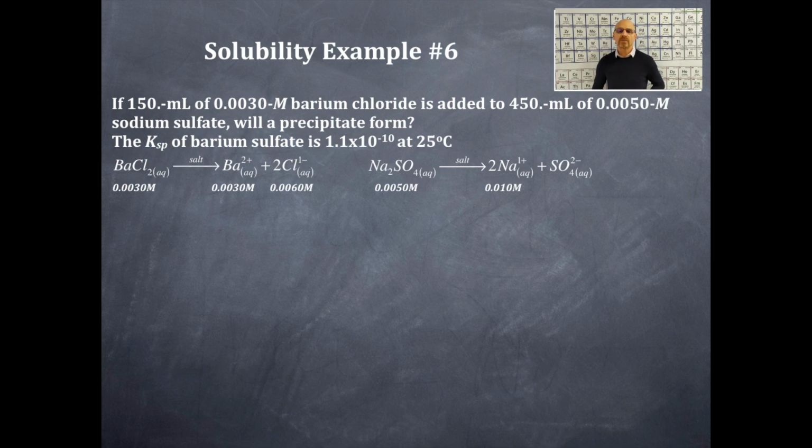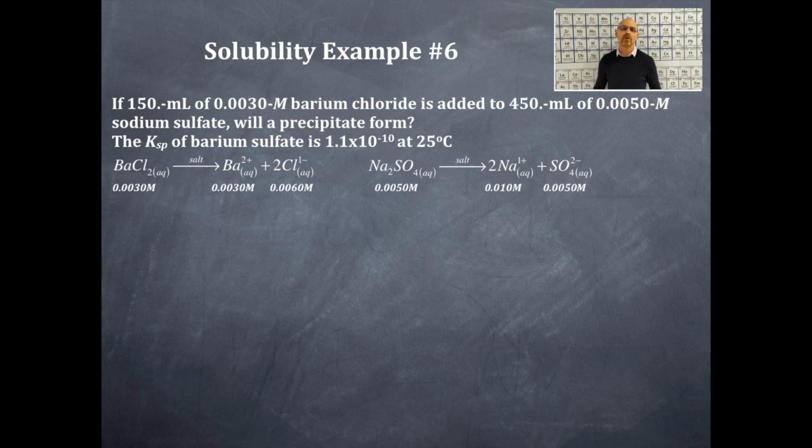The sulfate ion concentration is the same as the sodium sulfate concentration because it's the same stoichiometric coefficients of 1 to 1. So the sulfate ion concentration is 0.0050 molar.